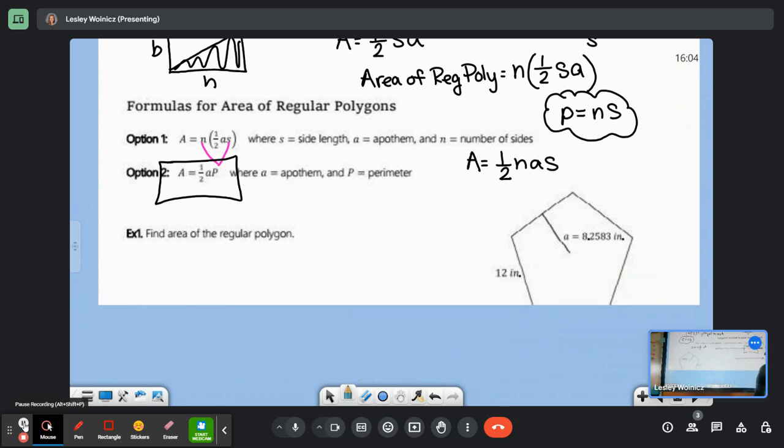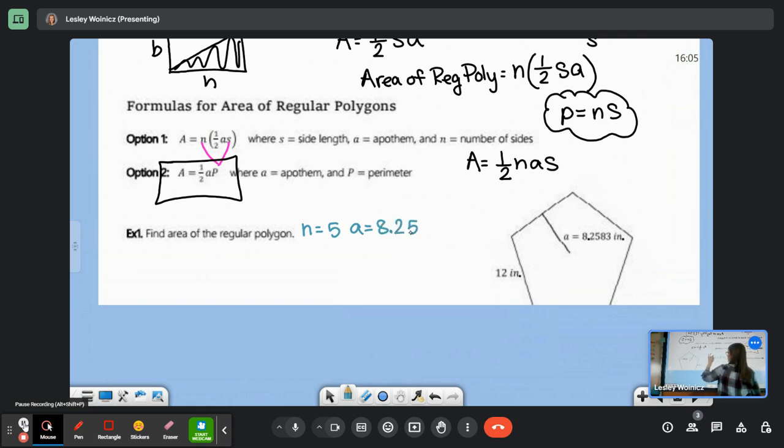All right. So what 3 things do we need to find the area? Okay, sorry, my N got a little bit tall, but that's an N, not an H. Okay, so we need N. So what's the N for our example? 1, 2, 3, 4, 5. Okay, do we know the apothem? No. This is 8.